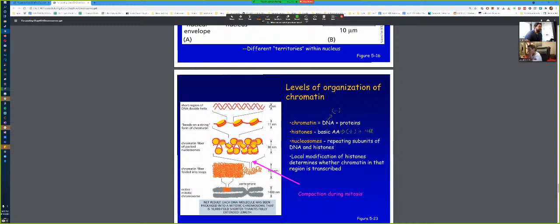With enough of them, it's going to be compacted, getting closer and closer together. These things fold into loops, and in its most condensed state, it'll make a chromosome. That's why we can see a chromosome: it's really compacted. They say the chromosome is 10,000 times shorter than the entire length of the DNA if you unraveled it.